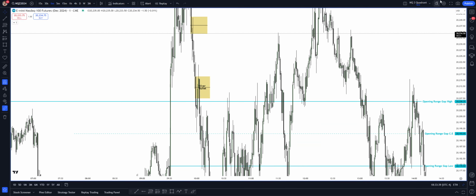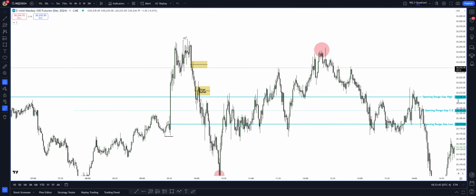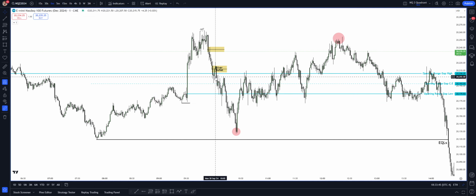The reason I'm taking it from the wick is because there's a volume balance there, same as this. It dropped all the way down to the opening range gap low, balanced this opening range gap, went up to this volume balance right there, and formed the bearish order block.